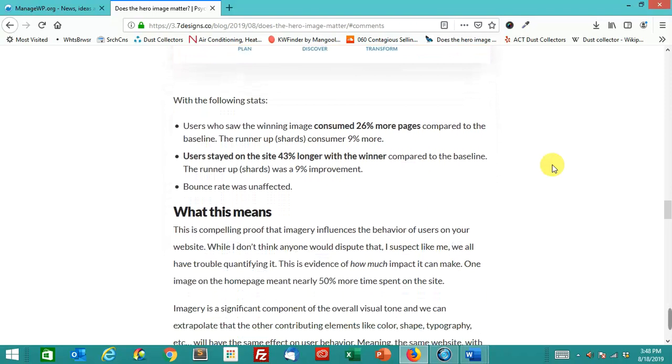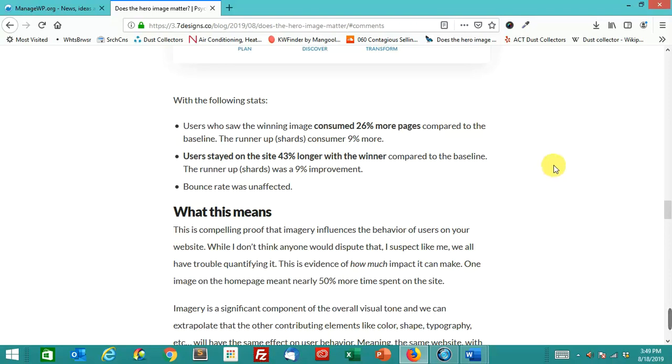So those who saw this as the first image on the site consumed 26% more pages compared to the baseline of the cityscape. And the one with the red, green, and blue, that was only 9% more. That's interesting.